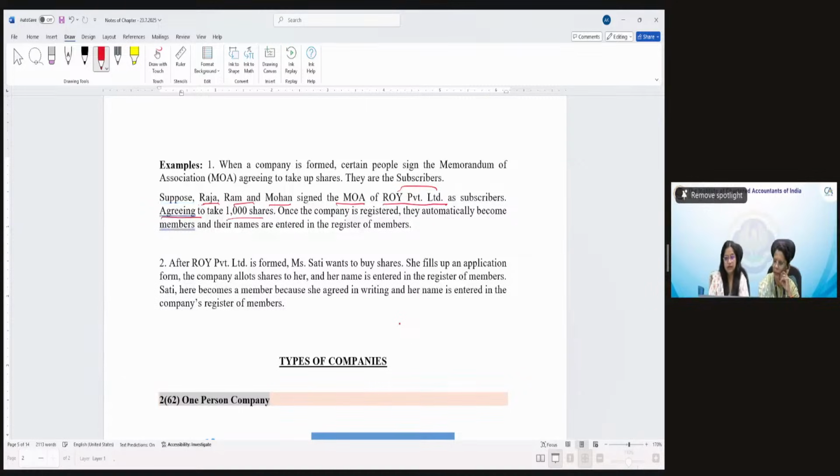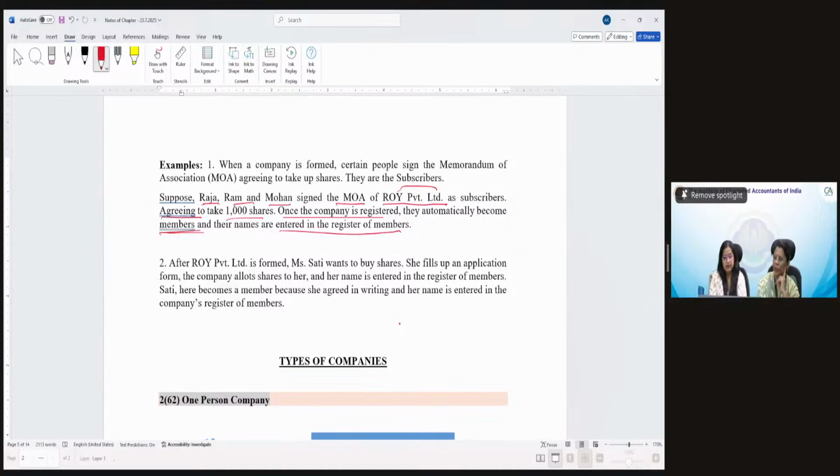They have agreed to take 1000 shares. So once the company is registered, they automatically become members, as they are subscribers to the memorandum and their names are registered as members in the register of members.